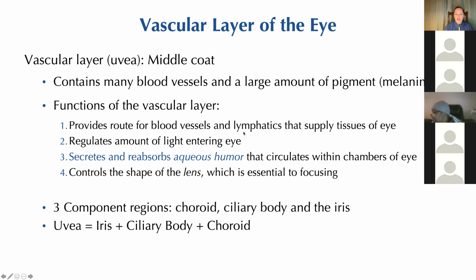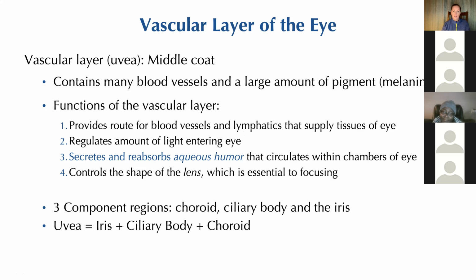The vascular layer, of course, is important, as the vascular layer is everywhere, because it's going to supply us with the blood and the lymph that will carry nutrition to the eye and waste away from the eye. It also helps to regulate the amount of light that enters the eye. And you'll see how the vascular layer will secrete and reabsorb the aqueous humor.